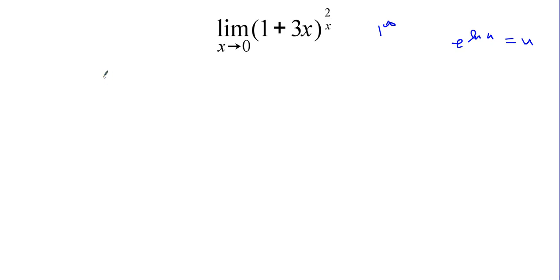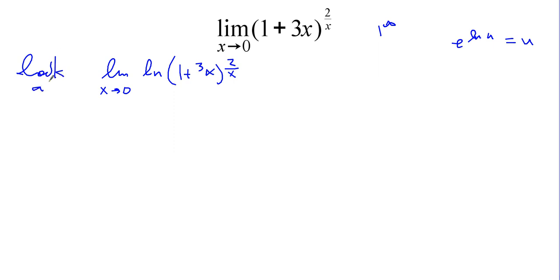So let's take the natural log. So it's the natural log of (1 plus 3x) to the 2 over x. So we're just looking at this. This is not going to be our final answer.